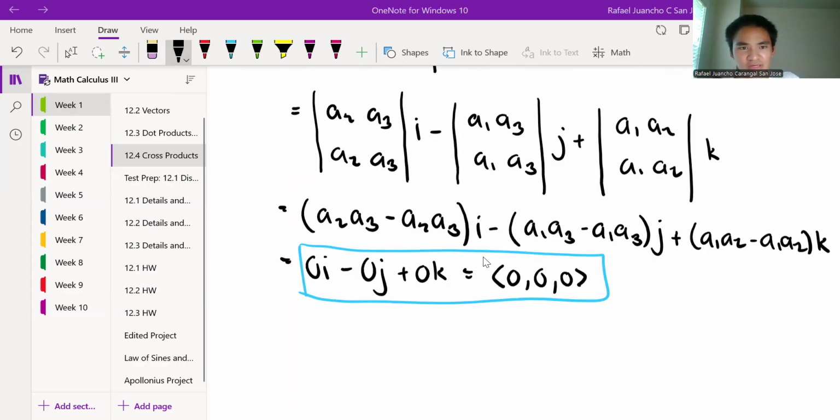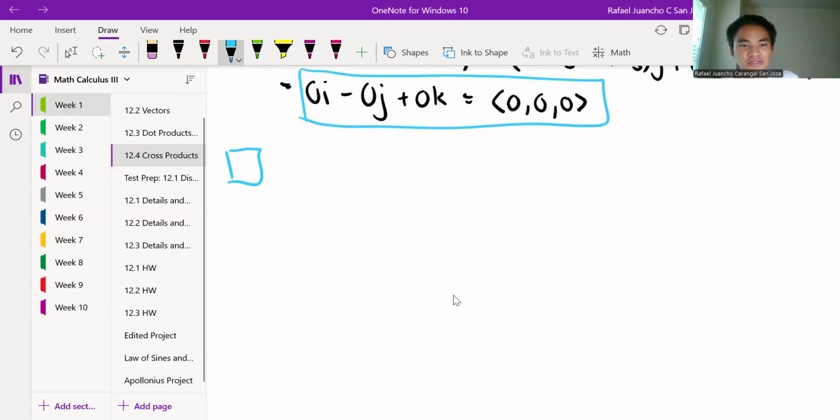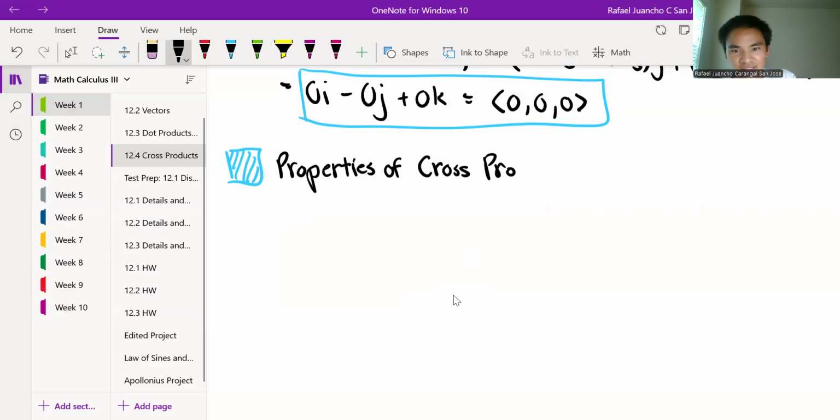We are going to look at the different properties of a cross product. So maybe here we'll find, why do we use a cross product? Because remember, for dot products, we can use them to find angles. For cross products, I have yet to know.